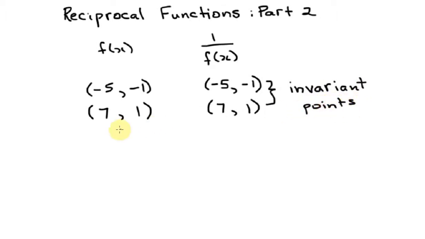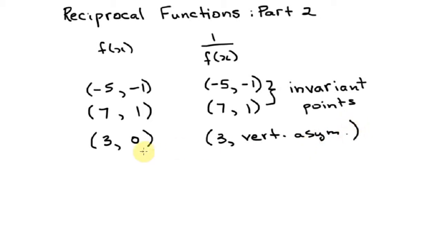Okay, the other thing we saw last time was, what if you had some sort of a point, like say on the original maybe you had the point 3, and you had a y value of 0, what becomes of that? Well, at the location of 3, in the reciprocal graph, you're going to get a vertical asymptote. And in a similar sort of way, what if in the original, say at 10 here, maybe we had a vertical asymptote in the original?